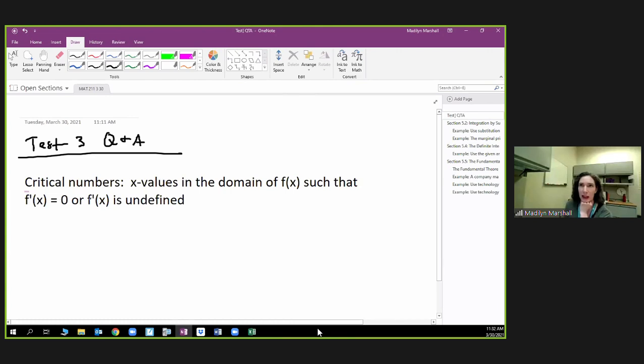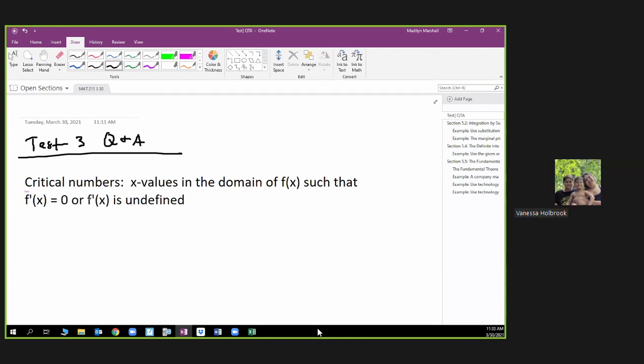And they give us where the function might be changing from increasing to decreasing or vice versa, but not necessarily. Can it also be with two ups or two downs? Yes.